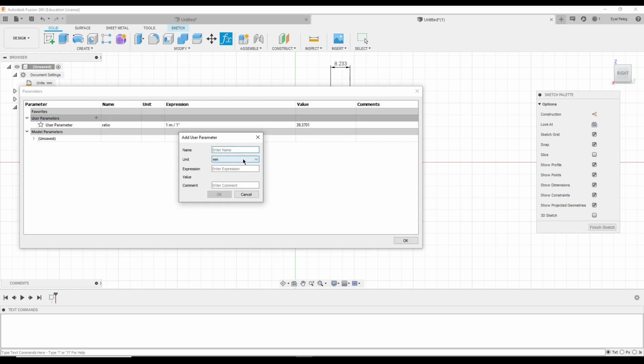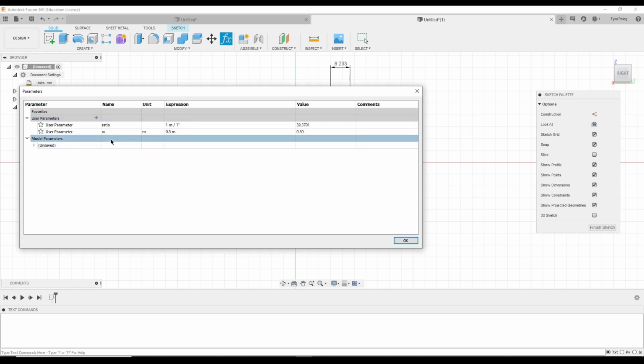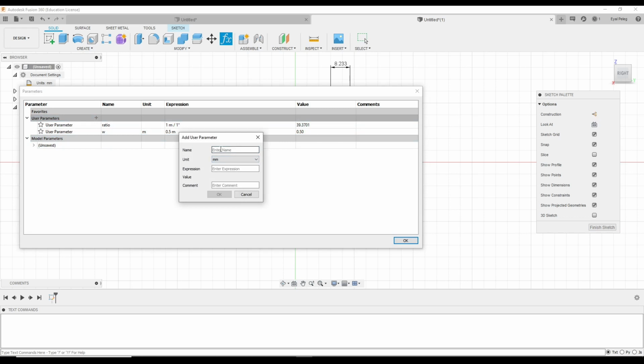Suppose we want to calculate the cost of a block of wood. Let's say we have its width, which will be in millimeters or in meters, and let's say it's half a meter. Let's say we have its height, also set in meters, actually let's say it's 40 centimeters.